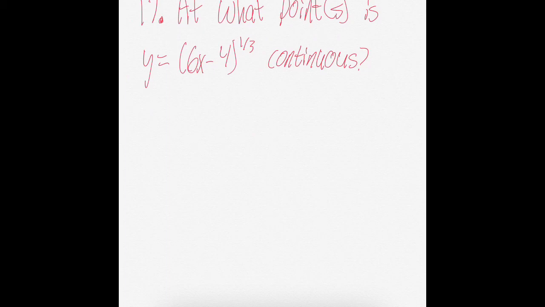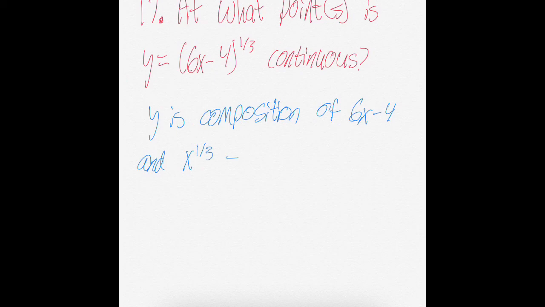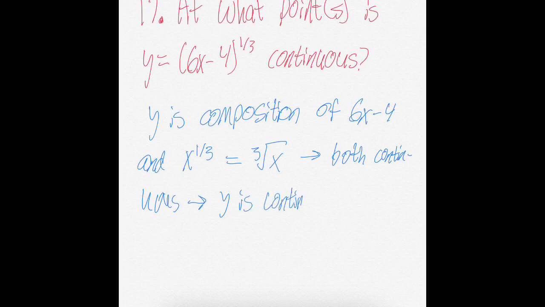And so again, we see that y is the composition of 6x minus 4 and x to the 1/3, which if you'd prefer, you can write as the cubed root of x. They mean the same thing. Those two functions are both continuous, just like we talked about with the previous problem, which means that y is continuous on its entire domain.